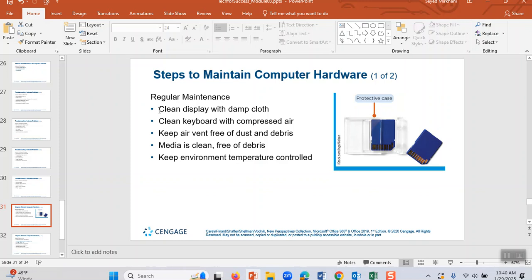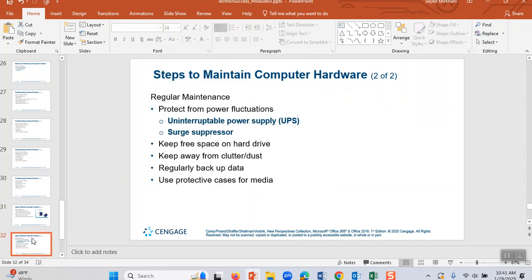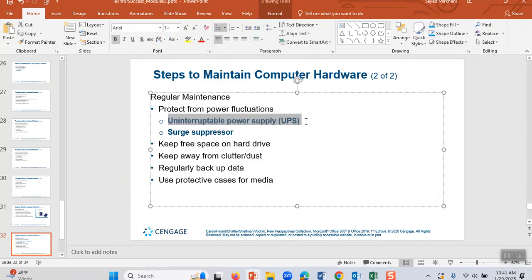And make sure that you clean the computer, make sure that the air vent is free, and therefore, these are things that many of you know. And some people, some organizations, they like to have an uninterruptible power supply. Let's say you have a power outage and you want to make sure your computer is running.